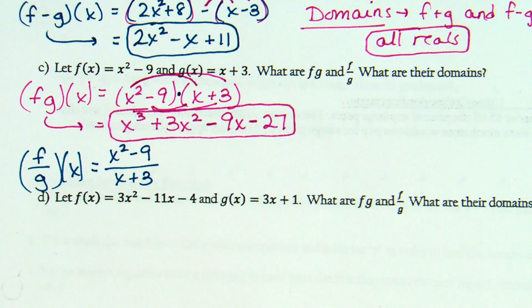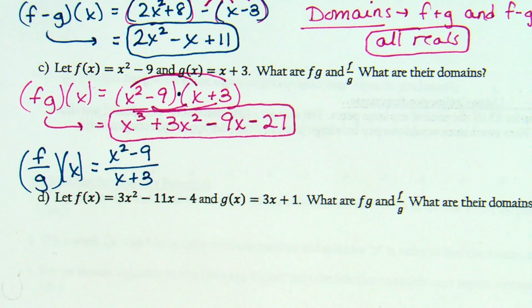Okay? What you need to remember is that in order to cancel something, it has to be a factor. Or in order to divide something, it has to be a factor. Those x squared and the 9 and the x and the 3, they're being added and subtracted together. So you can't just take the x squared and the x and pull them apart from what they're being added and subtracted to and cancel them.